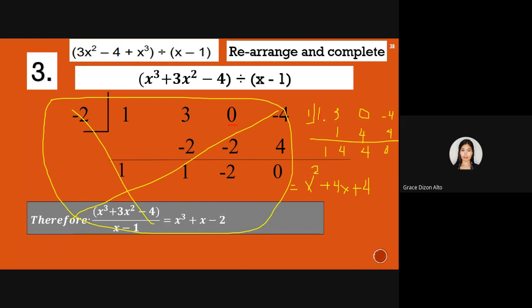So we will follow this one. We have our final answer, or our quotient, x squared plus 4x plus 4. We don't have a remainder for that. Okay, my bad for that wrong solution.